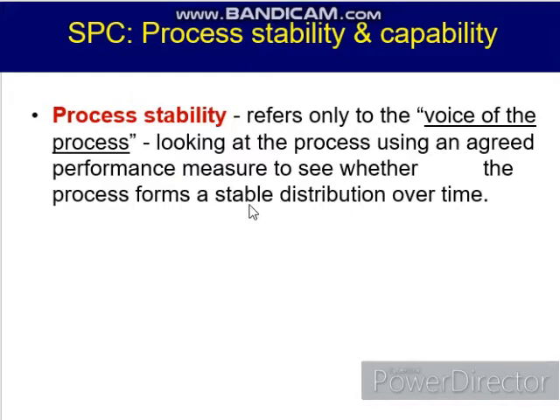So process stability is looking at whether the process forms a stable distribution over time. Meaning that we want to see whether the data I collected, the length of the pencil, forms a stable distribution over time. Stable distribution means whether it forms a normal distribution or not over time.